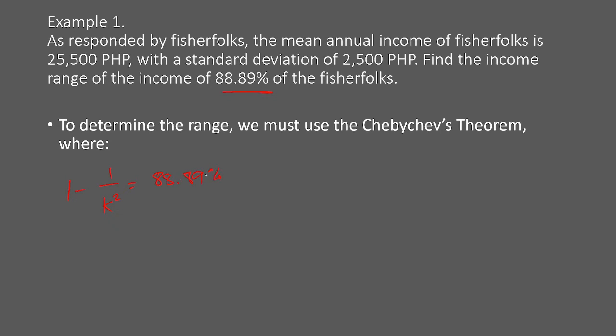88.89%, okay? So we can just rewrite this, wherein we will have 1 minus 1 over k squared is equal to 0.8889, and we can transpose some of the values here, wherein we will have 1 minus 0.8889 is equal to 1 over k squared.